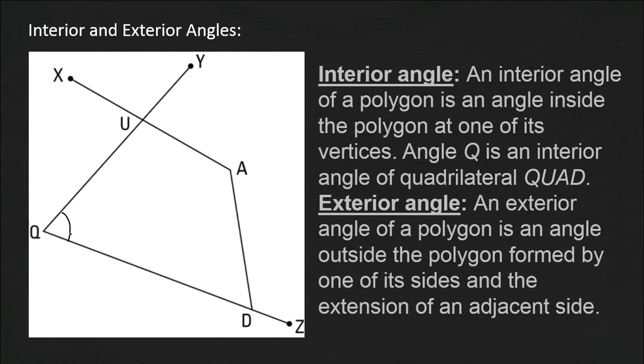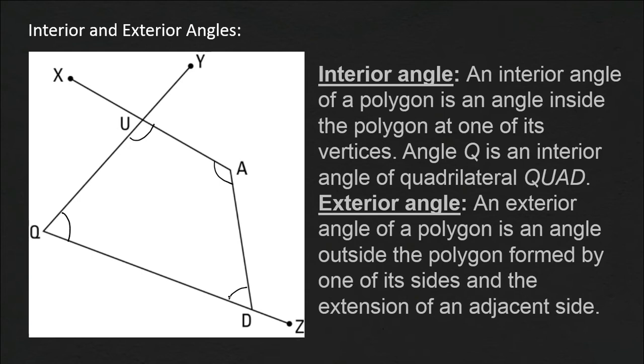Here the polygon is QUAD, so all 4 angles are interior angles. Q is an interior angle, this U is also an interior angle, this A is also, and this D is also. So all these 4 angles are interior angles of the polygon, which are inside the polygon.